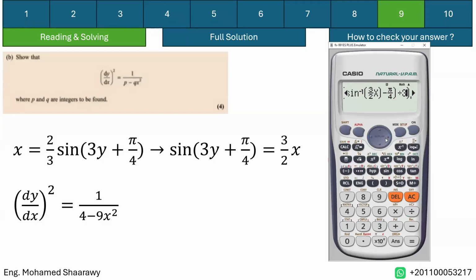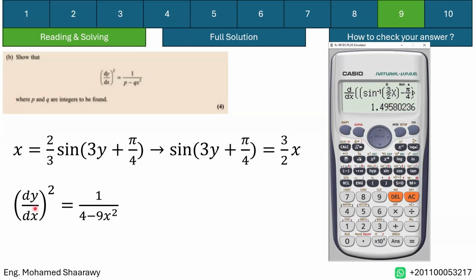Okay, let me check the value of this thing at any x. So for example, let me try x as pi over 3, for example. Okay, let me try pi over 4. Oh no, so pi over 5. Okay, so at pi over 5, this is the answer.